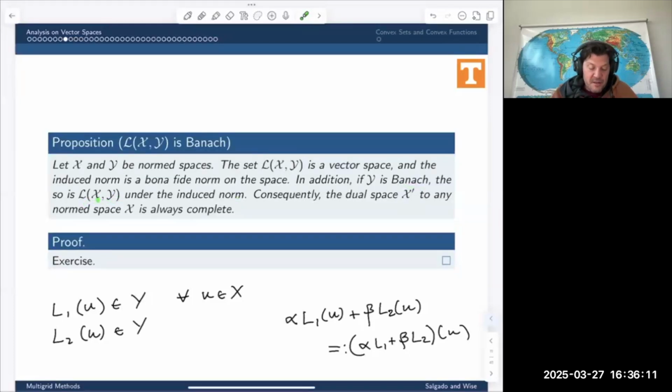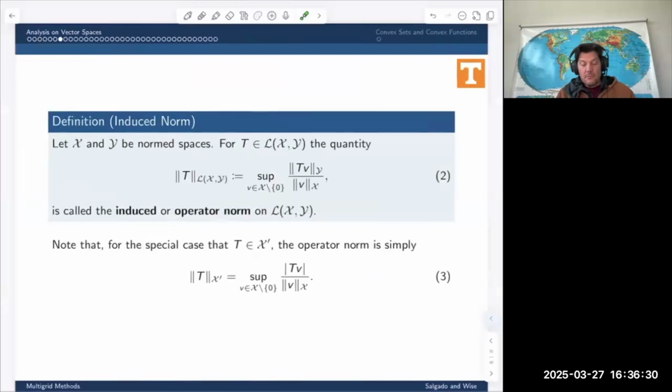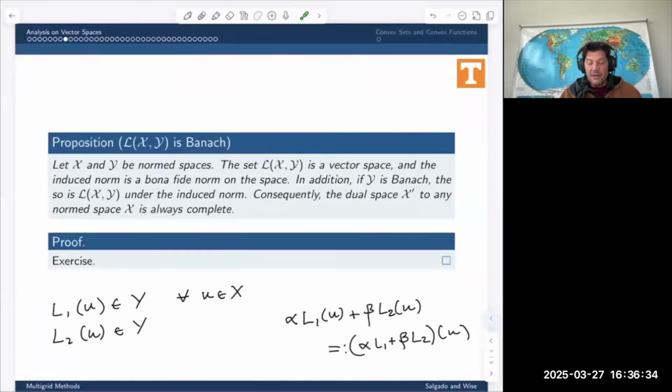Okay, X doesn't even have to be a Banach space. It could just be a normed vector space, a normed linear space. If Y is a Banach space, then this whole space, remember it's a new linear space, with that norm is a Banach space.